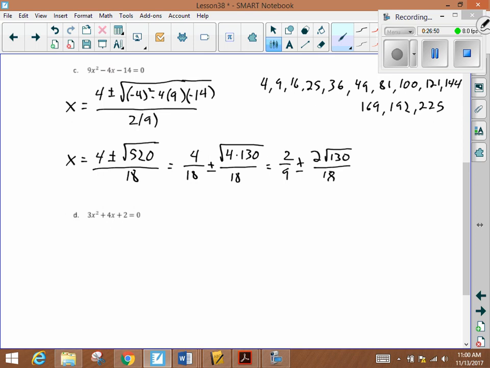So then we get 2/9ths plus or minus the square root of 130. And the reason why I'm doing this is because that's 1/9, so there's no point in putting the 1 out in front of the 130.